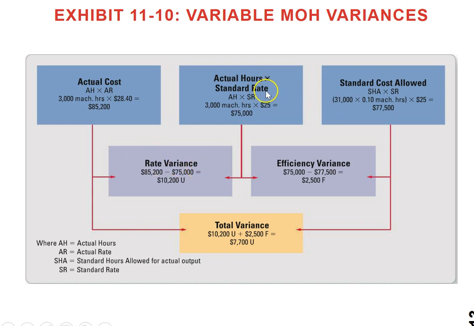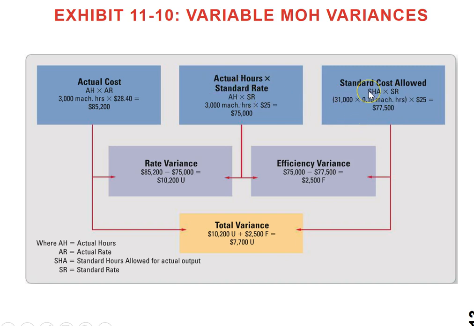And for box 2 and box 3, in box 2 we are using the actual hours and standard rate, whereas in box 3 we are using both the standard hours and standard rate. So the main difference between box 2 and 3 is the hours. In box 2 it's actual hours, in box 3 it's standard hours, but in both cases we are using the standard rate.